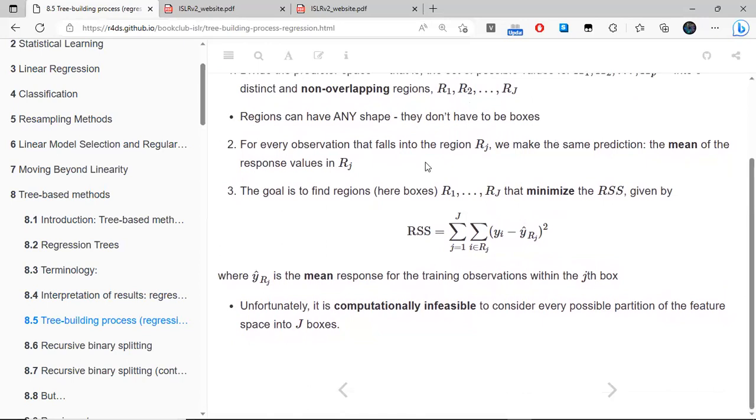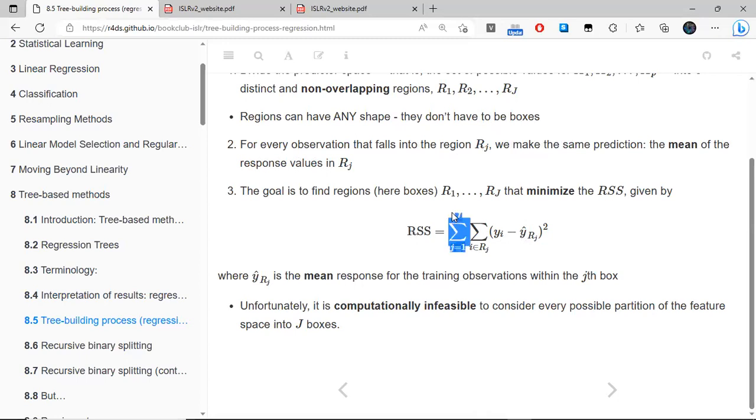So for each observation in one region, the prediction is going to be the same. That is going to be the mean of the response for the values in that specific region. And again, we have some RSS term that we want to minimize.